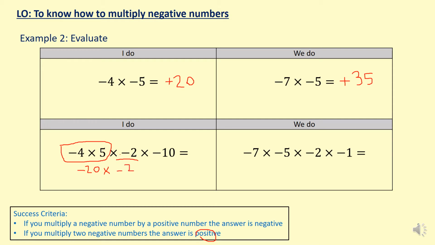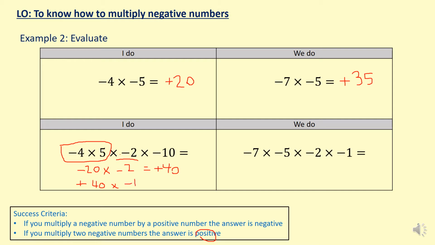So I have 20 times 2, which is 40. And then negative times negative is positive. I haven't finished because I need to multiply that positive 40 by the last number, which is negative 10.